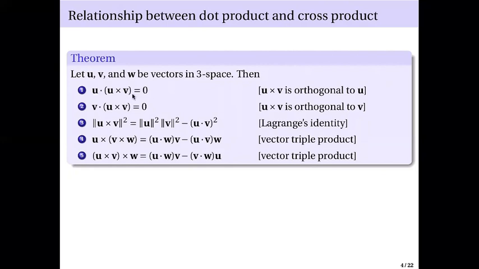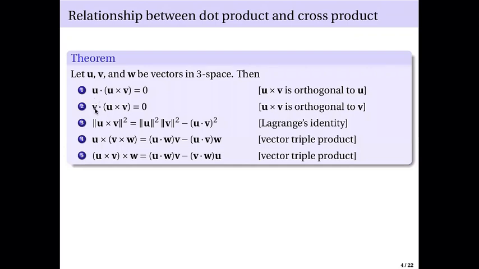And remember, if you get the dot product of 2 vectors and it's equal to 0, it means that the 2 vectors are perpendicular to each other, or they are orthogonal. So this first item tells us that U cross V is orthogonal to the vector U.